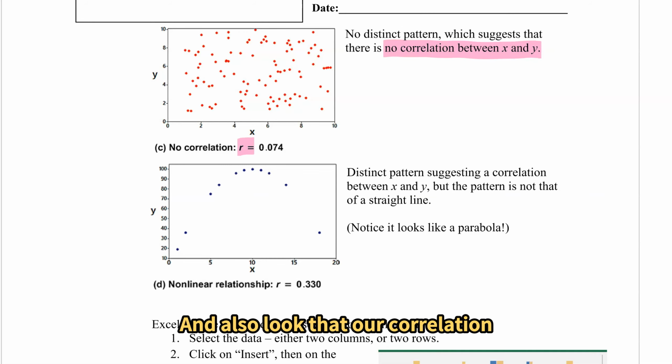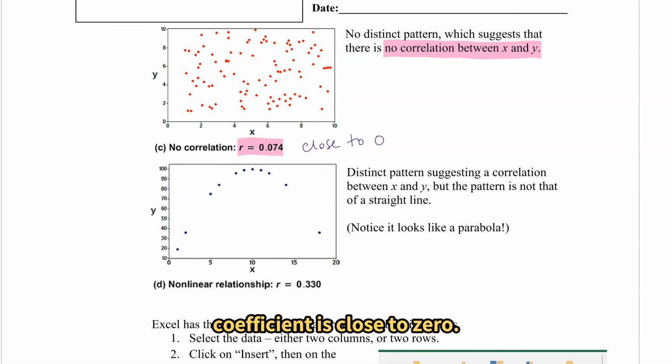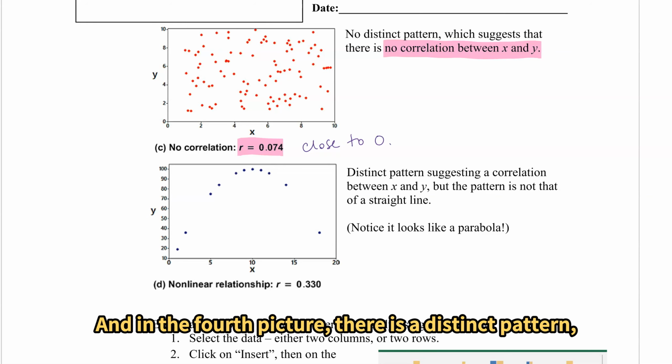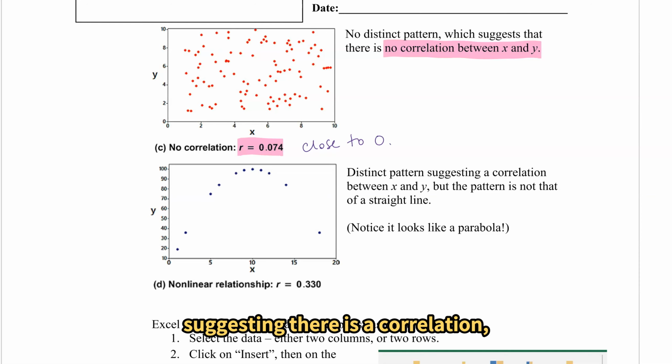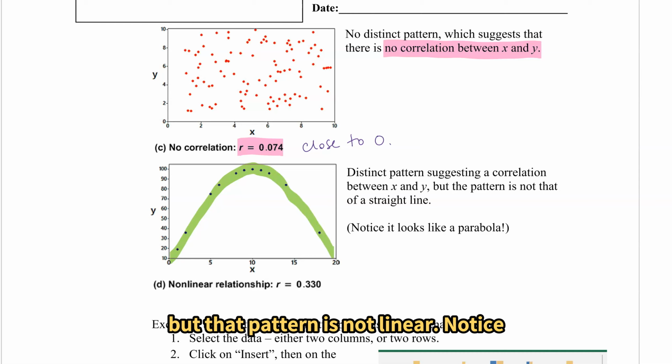And also look that our correlation coefficient is close to 0. And in the fourth picture, there is a distinct pattern suggesting there is a correlation, but that pattern is not linear.